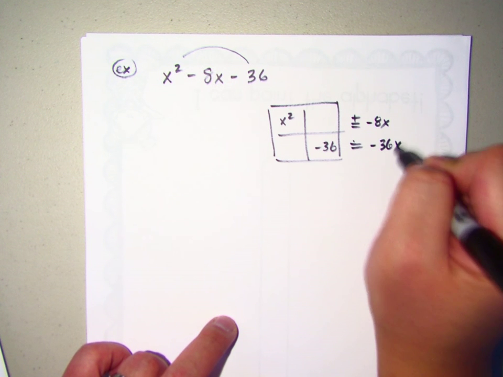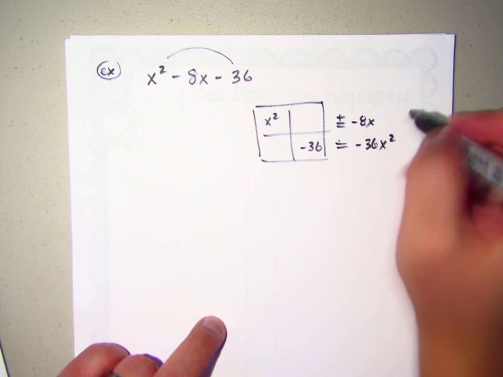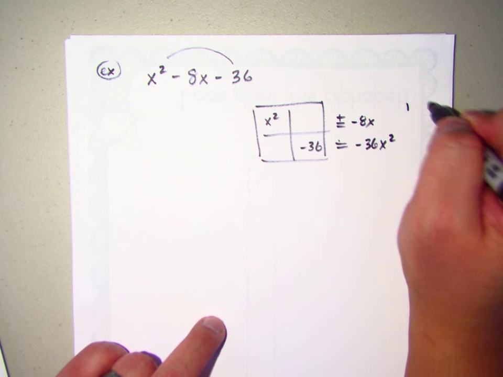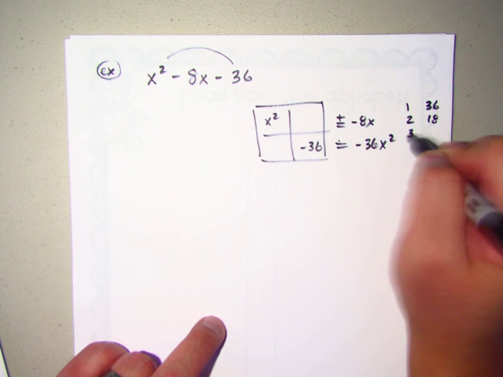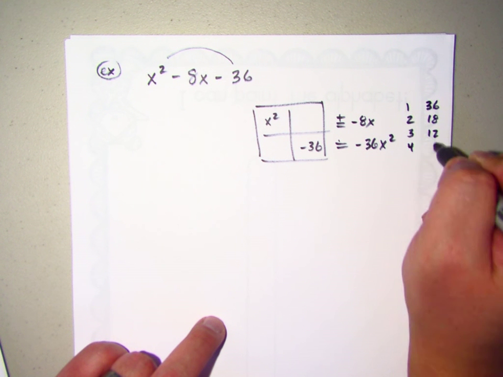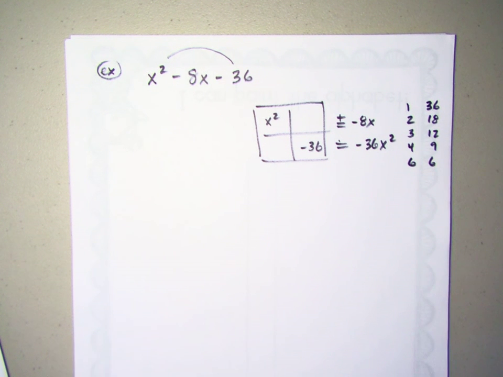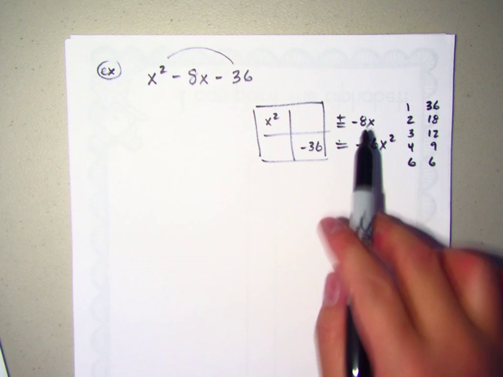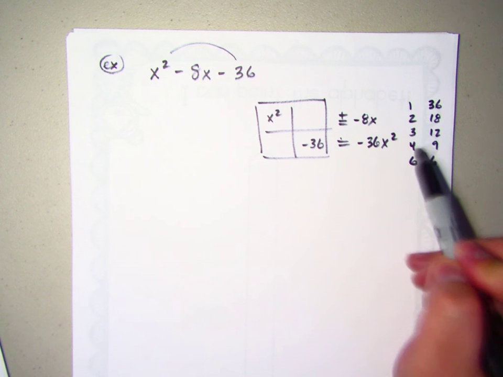How to get a product of 36: we can do 1 times 36, 2 times 18, it's divisible by 3, that's 3 times 12, 4 times 9, 5 doesn't work, 6 works. Anything else just goes back up the other way. You have to find the ones that add to get me an 8. That doesn't work. 2 and 18, too big. 3 and 12, I could make a 9 or a 15, but no 8.